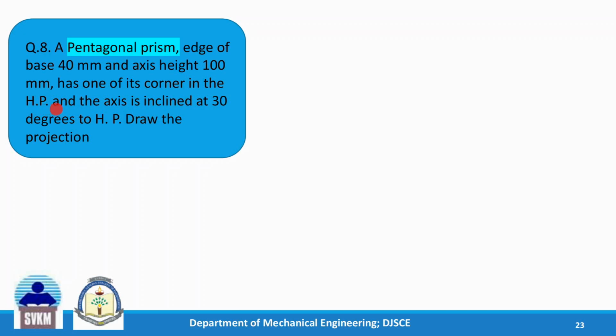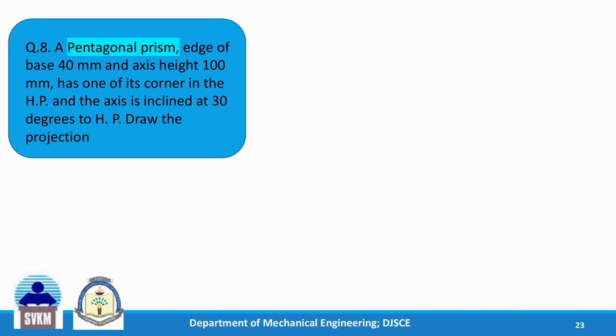Now understand this thing: when there is something of the base or corner or edge or the complete base in the HP or standing on the HP, then you have to take that on HP. So we will break this problem into two steps. First step, before making the inclination of the axis with the reference plane, we will assume it to be perpendicular, and then in the second step we will tilt it to the required inclination given in the problem.